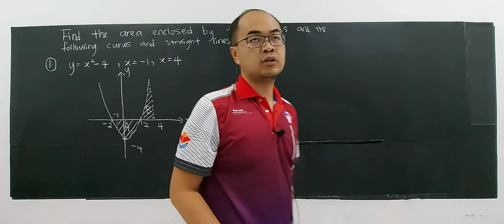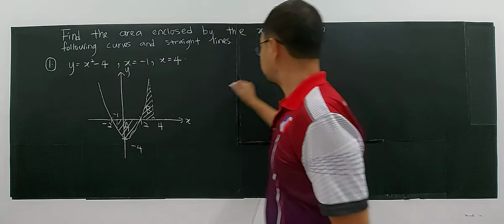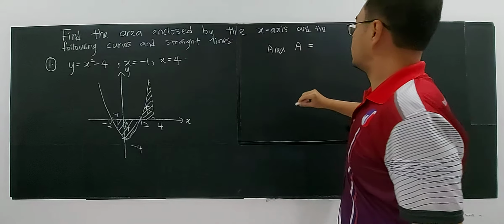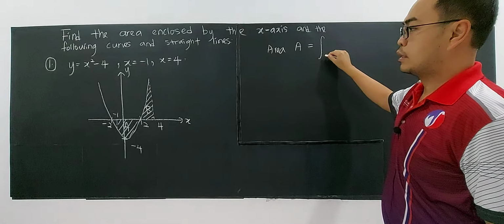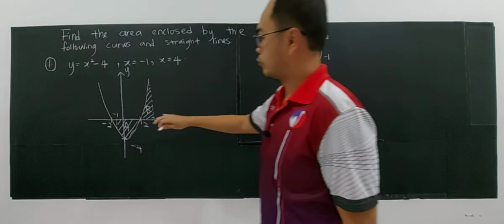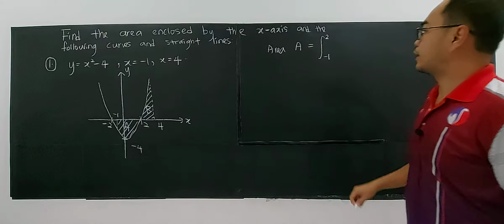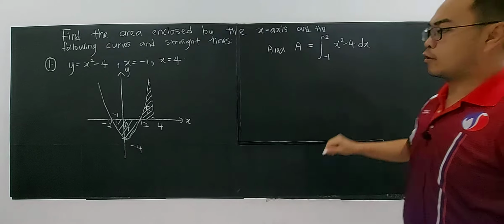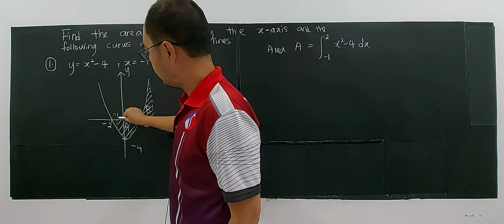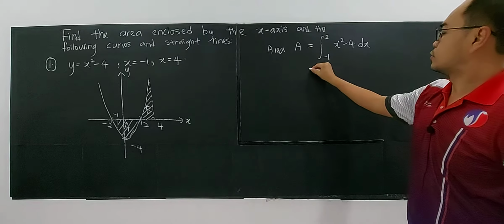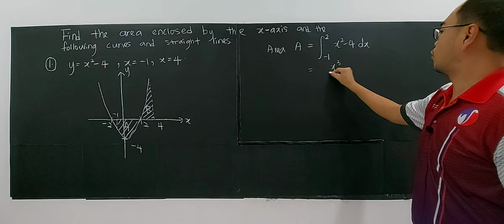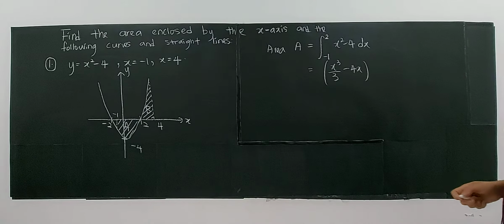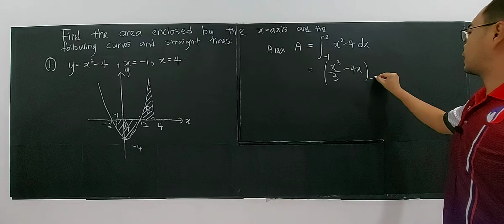For the area of region A, you integrate from negative 1 up to 2 with respect to x squared minus 4, as this is between the curve and the x-axis. Evaluating, you get x cubed over 3 minus 4x, from negative 1 up to 2.